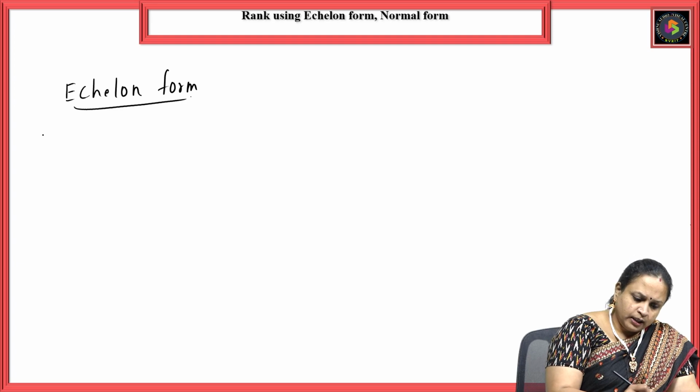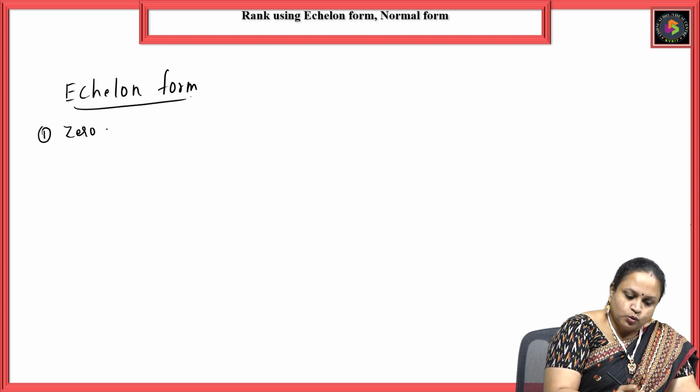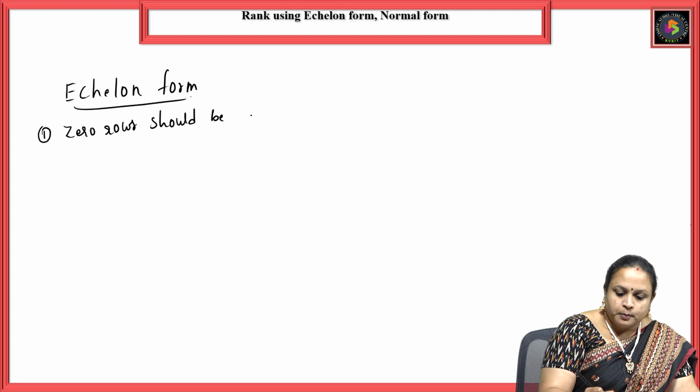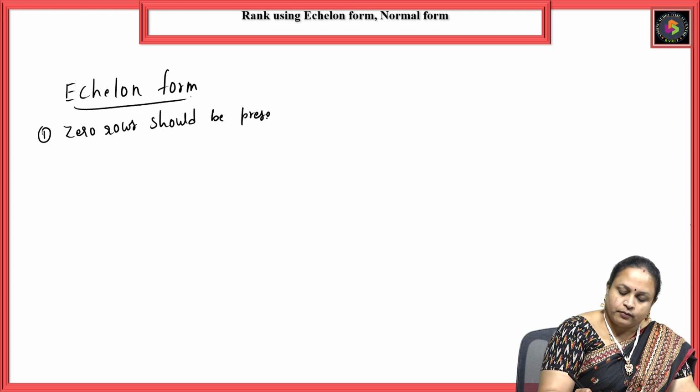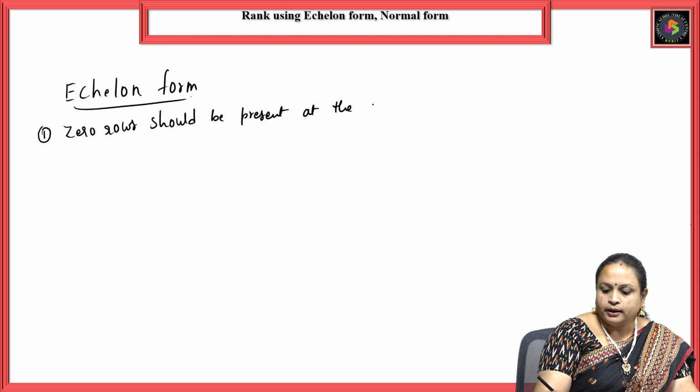So what are the conditions we have? The first condition is that zero rows should be present at the bottom, or at the end of the matrix.